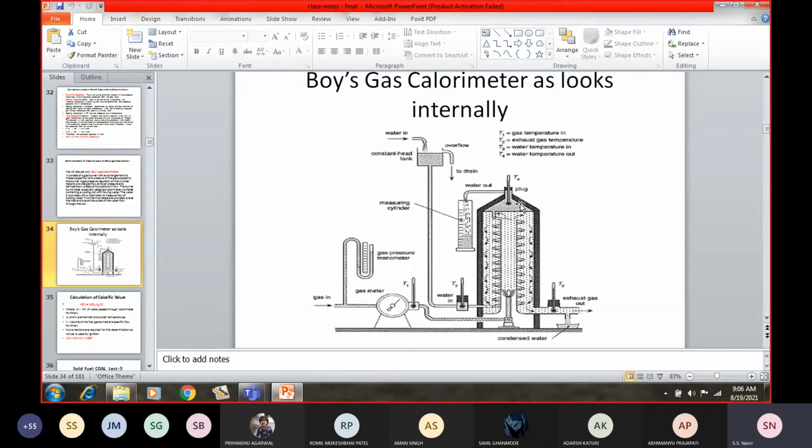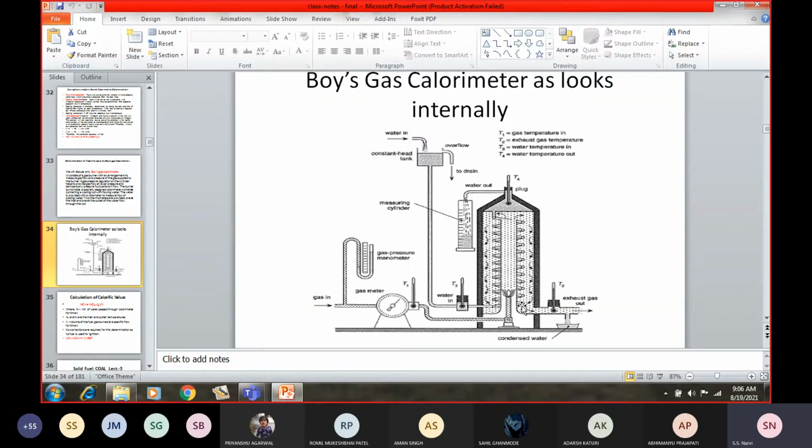Inside this there is a water inlet which is attached to a spiral copper tubing. Whatever we are showing you is a cut section. The entire calorimeter is like a cylinder, isn't it?